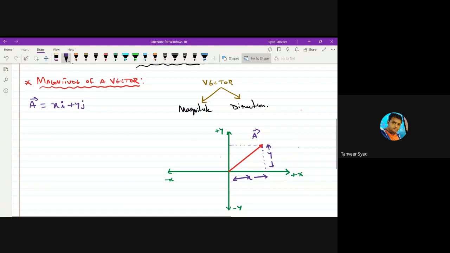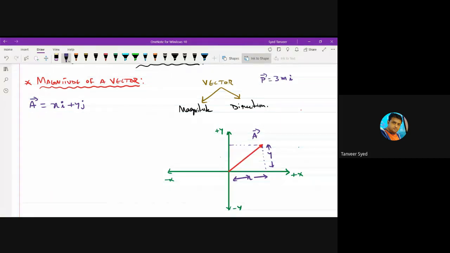Suppose I write a vector like 3 meter i cap. This is a displacement vector. Say p is equal to 3 meter i cap. This tells you that the magnitude of this vector is 3 meter and its direction is along i.